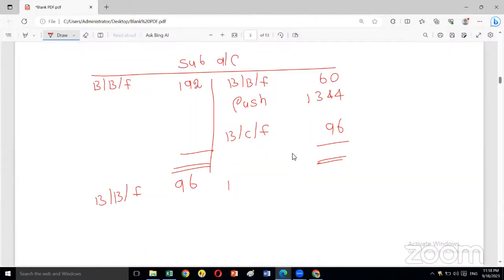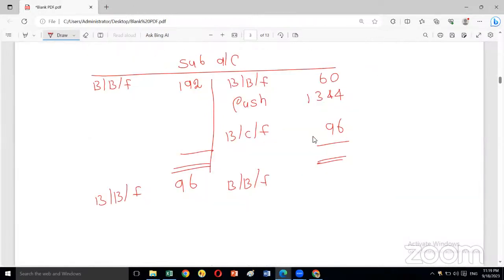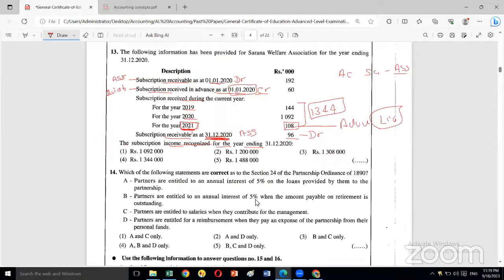Credit side. BBF. How much is the value? 108,000. So if the BBF credit means BCF, we should record it under which side? Debit side, 108.